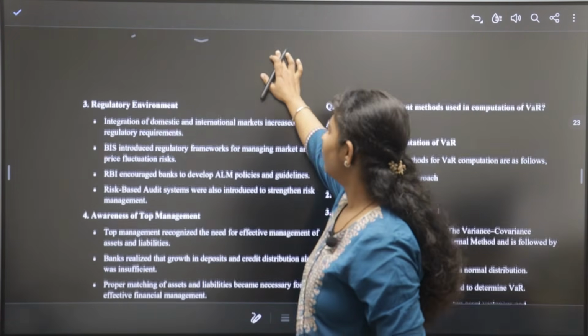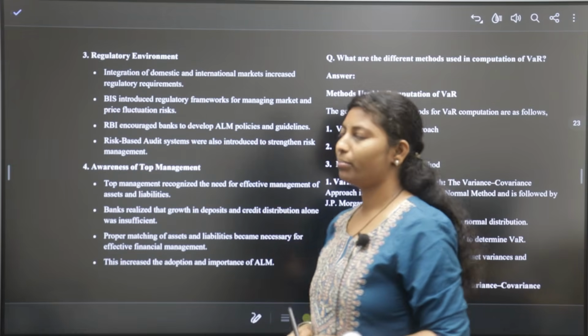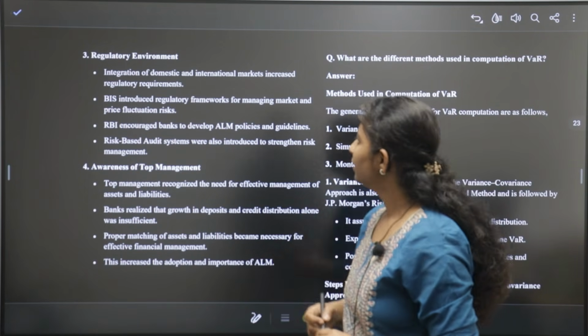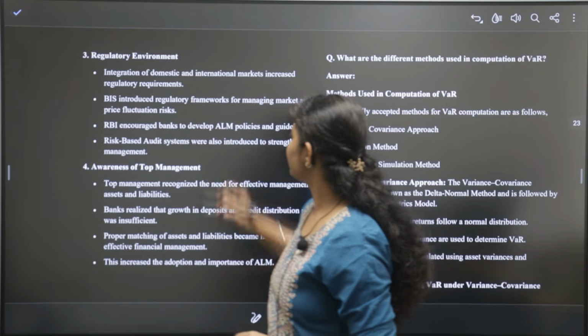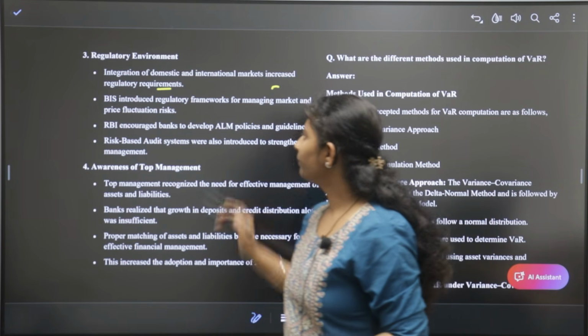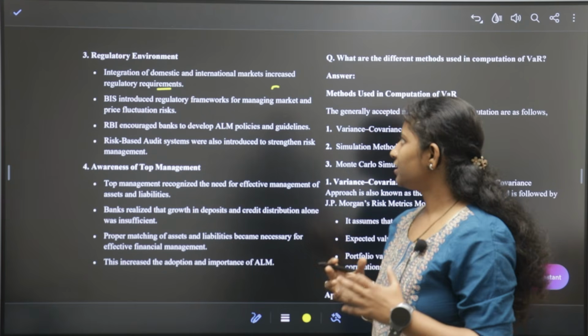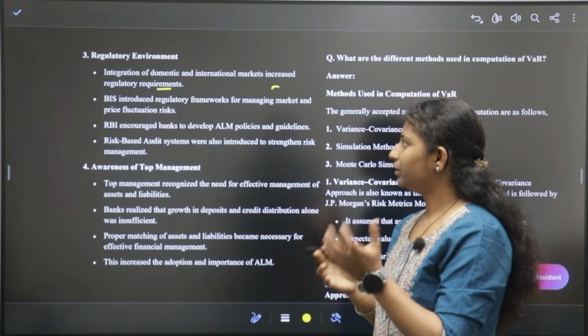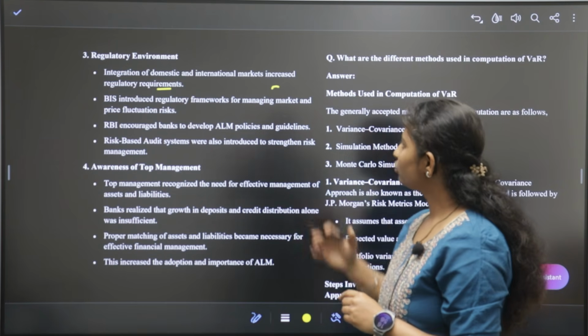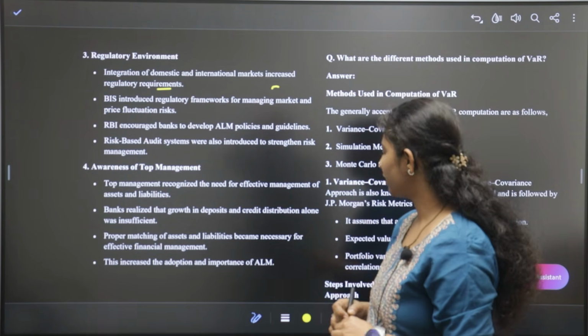Next, the third point, we have the regulatory environment. Okay, so regarding the regulatory environment, how is ALM going to help? With the integration of domestic and international markets, regulatory requirements increase. Okay, so for domestic and international markets, which will always require both, ALM is going to help on this side.